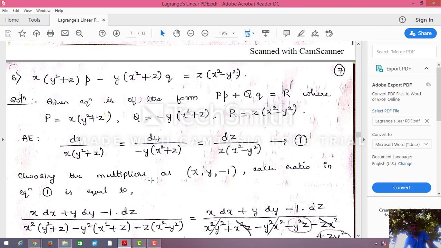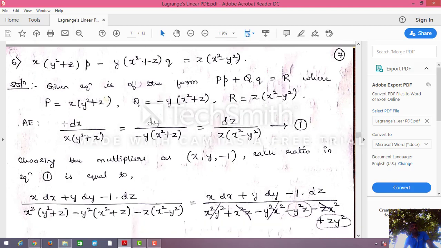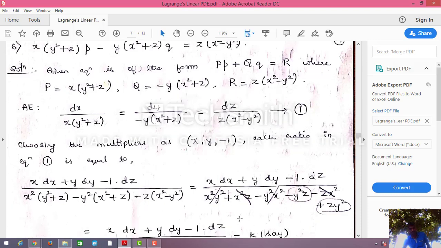If you multiply like that, you will get x dx plus y dy minus 1 dz in the numerator. In the denominator, x into x(y² + z) gives x²y² plus x²z, y into y gives minus y²x² minus y²z, and minus z into z(x² − y²) gives minus zx² plus zy².